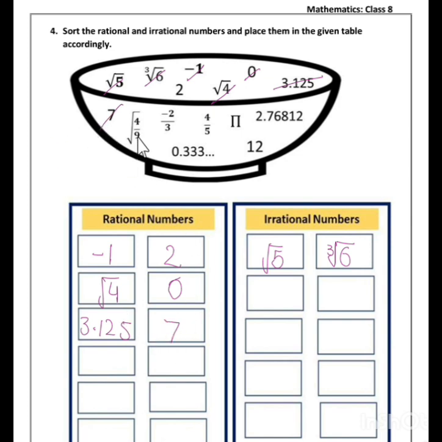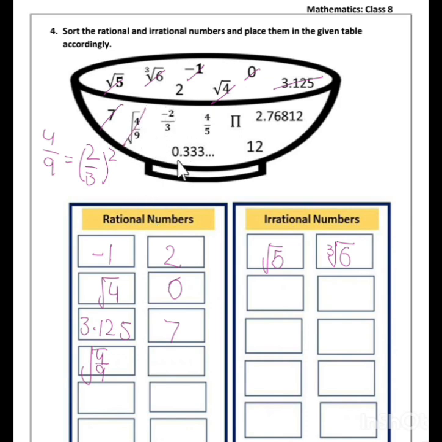4 by 9. If I write it like this, it is the square of 2 by 3, so it means it's a perfect square. So it is rational. 4 is a perfect square and 9 is also a perfect square. Then minus 2 by 3.